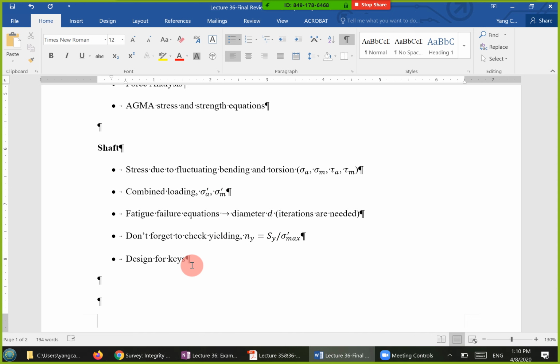So when you design a key, you should remember the key should fail first. There are two different formulas for designing a key. We focus mostly on rectangular or square keys. For a square key it doesn't matter. For a rectangular key, you have the compressive bearing stress, the surface compressive stress, and the shear stress.